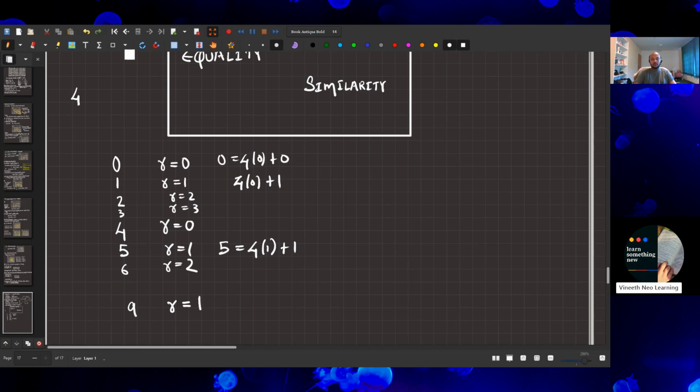It's 1. 5 has the same remainder as 9, so in this context we say that both of these are equal, if you consider only remainders.